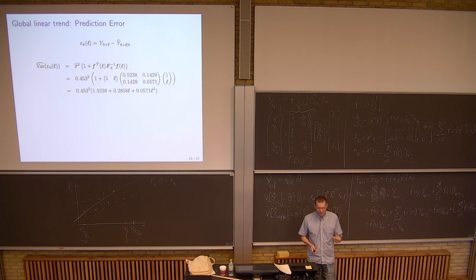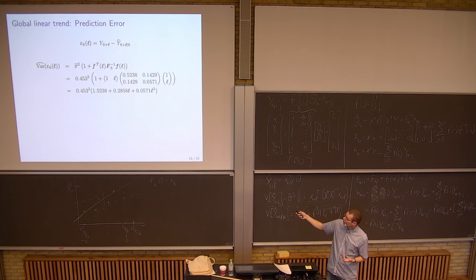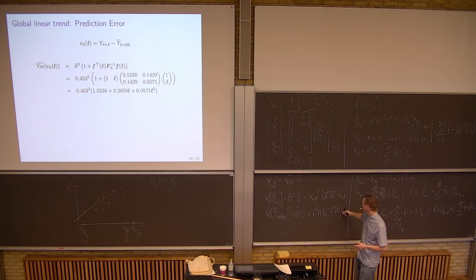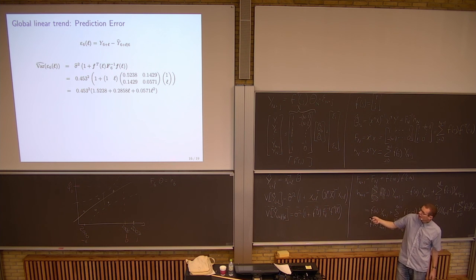And then we can make the variance of the prediction error up here. It's the usual expression that we also have down here. And the one thing to notice is, what is the order of this polynomial in L?